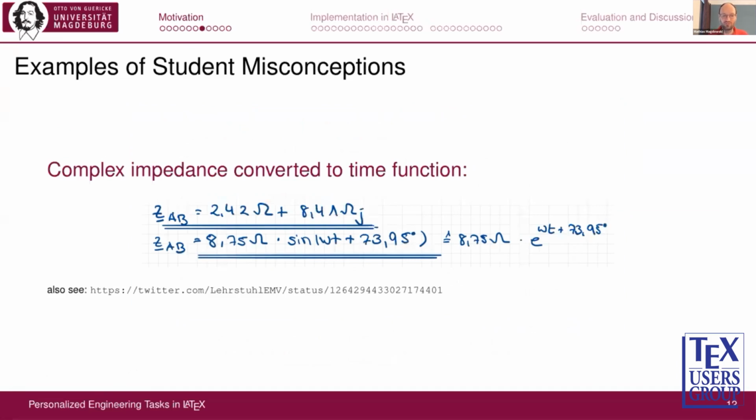If you know a little bit about electrical engineering, this is a complex impedance with a real part and some imaginary part, and here the student converted it into a time function, which absolutely does not make any sense for this impedance. If this would be a complex current and voltage phasor, then this would make sense, but not for this. Again, a very interesting misconception, but you will only see this in these handwritten solutions.